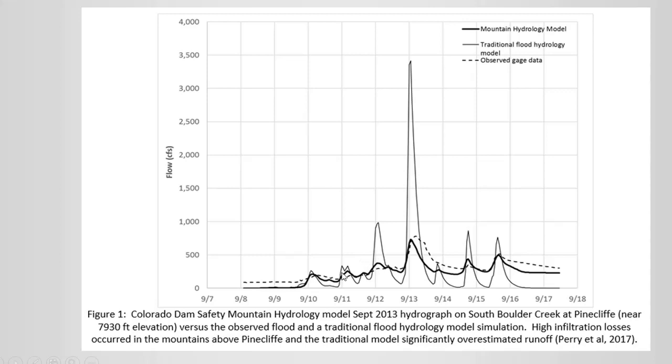What you can see is our new model with high infiltration rates, subsurface flow, etc., was able to reproduce the hydrograph in the mountains very well. The old approach to dam safety produced too much volume and way too high peaks, too flashy flow, basically producing quick flow where most likely losses were very high and quick flow did not happen.